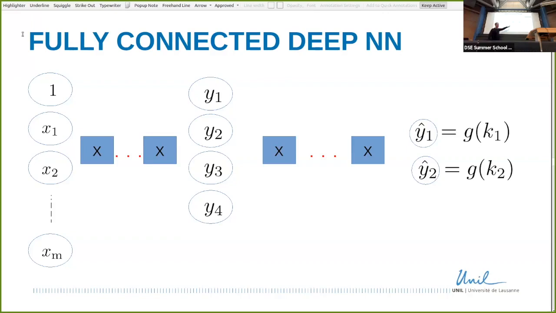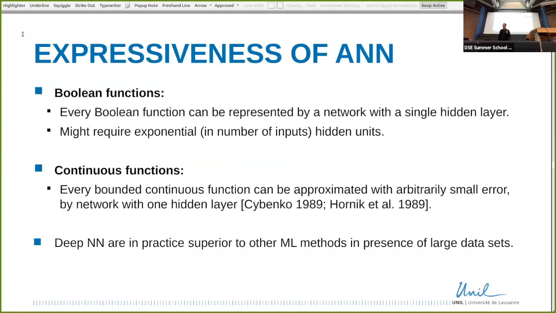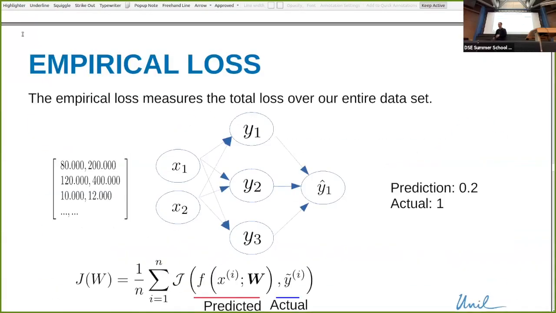The simplest one, where you have all-to-all connections, is called a fully connected deep neural net. Deep for many hidden layers, and fully connected because you have full matrices everywhere. But the principle is the same. You have a lot of these neurons, you have pointwise activation functions, and then you go on. I covered that already with the expressiveness.